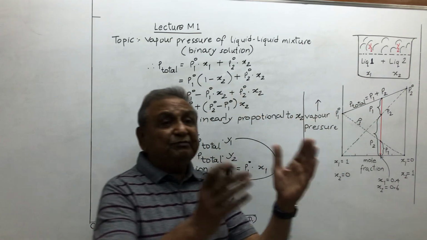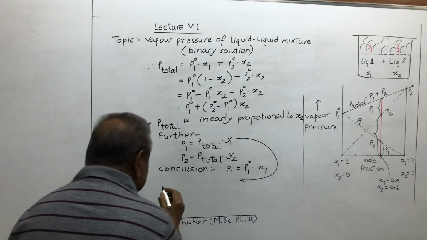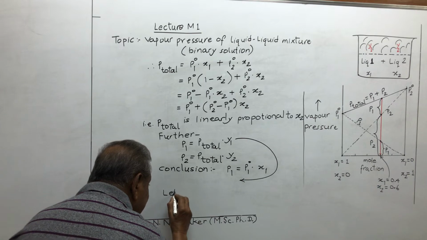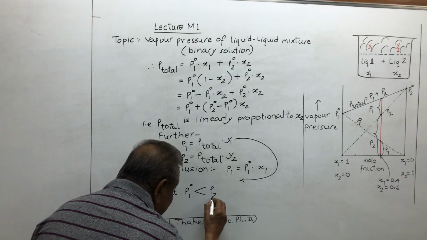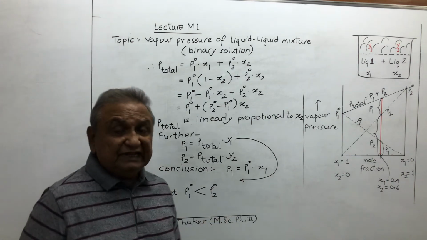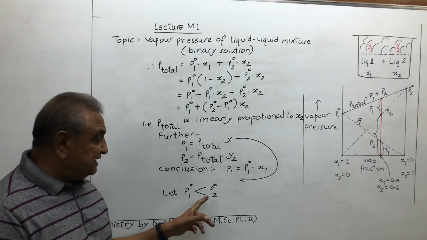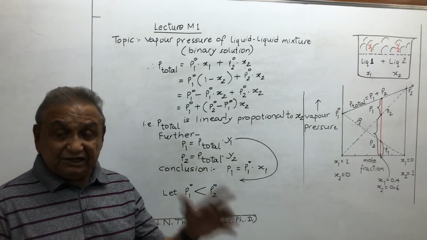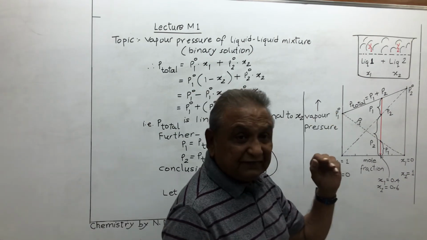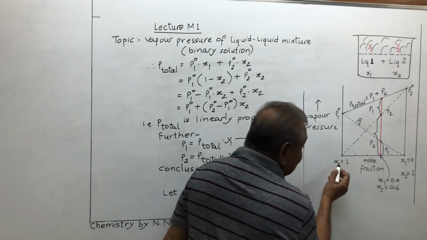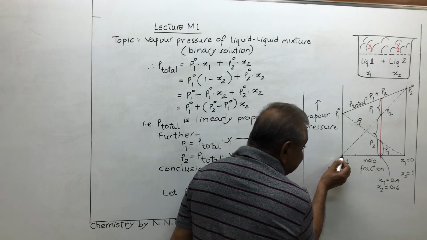Here, the liquid mixture which we have selected has P10 less than P20. That is, vapor pressure of pure liquid 1 is less than that of pure liquid 2 at the same temperature, of course. It is shown in the graph. Look here. Mole fraction of liquid component 1 is 1 at this point.